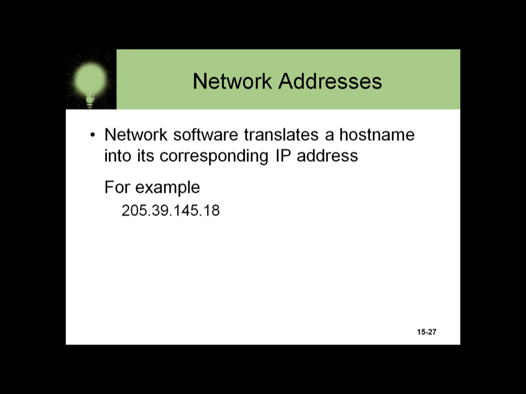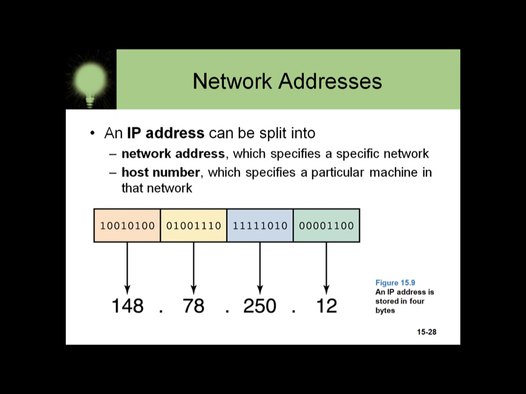For example, 205.39.145.18. An IP address can be split into network address, which specifies a specific network, and host number, which specifies a particular machine in that network.